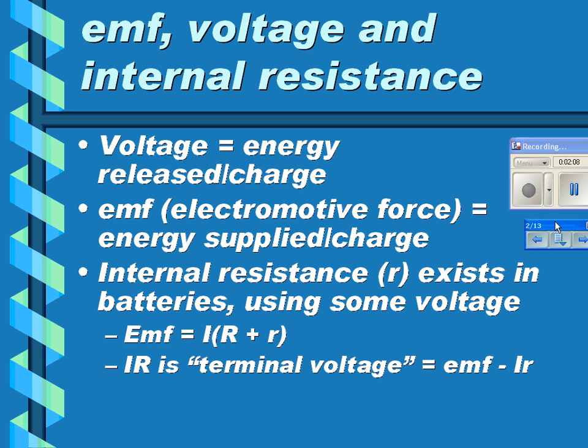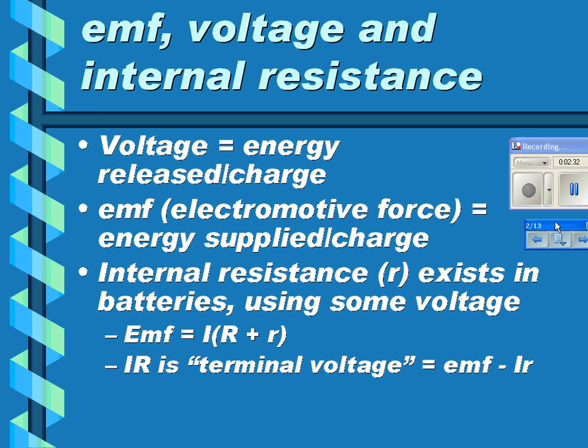Anybody? Yeah. You had 8, which is almost 9, but it ain't 9, right? So where did that 1 volt go? The battery uses some voltage because the battery actually has resistance inside of it. So some of that voltage gets dissipated inside the battery, internally, because of what's known as internal resistance.